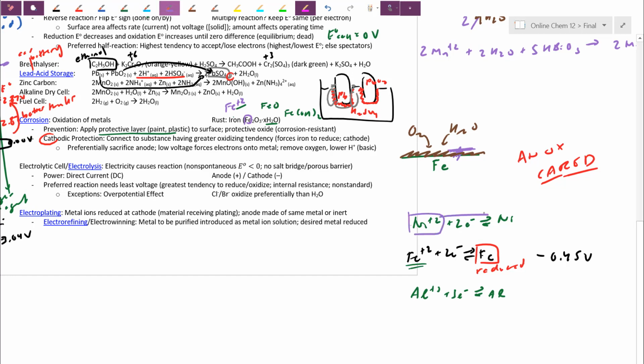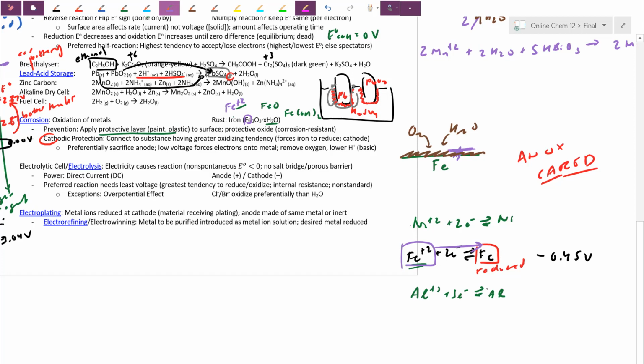Well, it's the Ni2+ that's actually going to reduce. In that case, the iron would be a spectator. Well, that's actually the opposite of what I want. I want to get rid of the iron. So instead of having the Ni2+ here, let's let the iron 2+ stay reduced, and let's force something else to oxidize. The worrisome bit was if the iron oxidizes, it's going to end up forming rust.